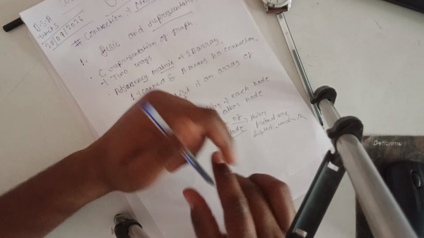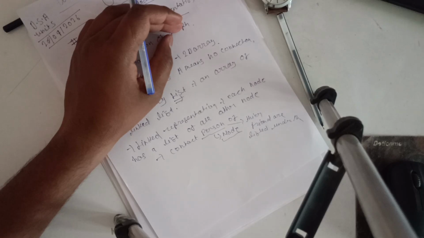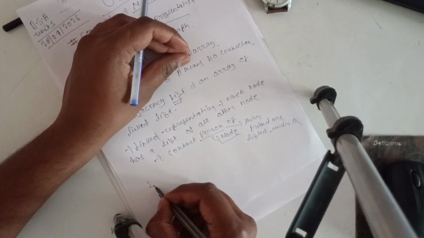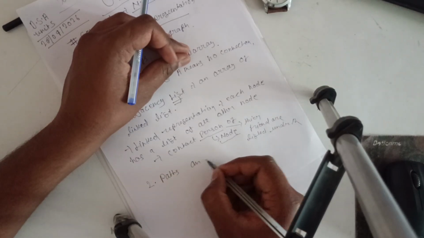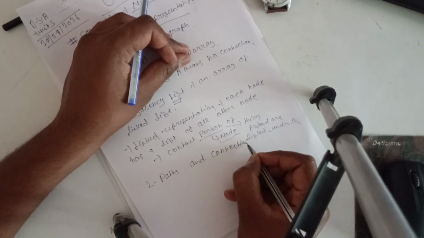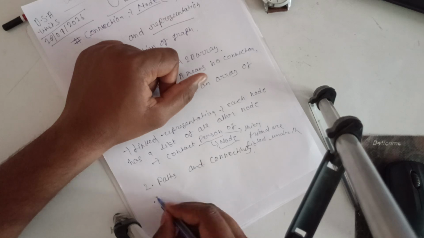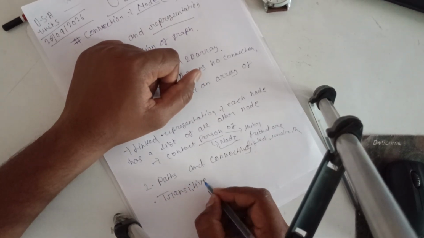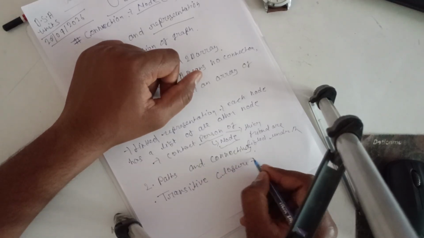Now paths and connectivity. What is paths and connectivity? First is transitive closure. So what is transitive closure?